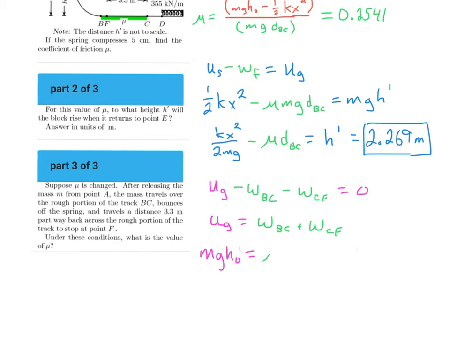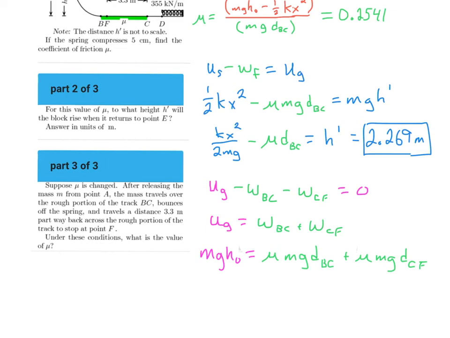That is the new coefficient, mu, times mass, times gravity, times the distance from B to C, plus mu times mass times gravity times the distance from C to F.